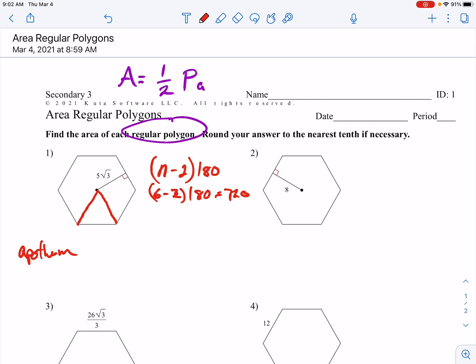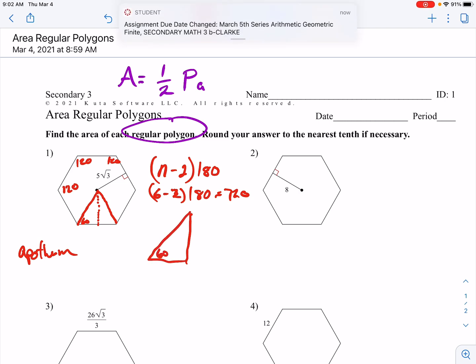Well, we're going to split it with a radius. So we take that 120 degrees, we split it with a radius, and you get 60 degrees. We go straight down with our height, or the apothem, and that's 5√3. We have this triangle, 60, 30, 90.